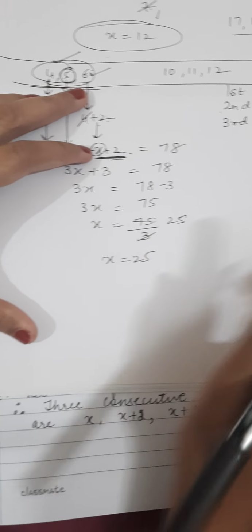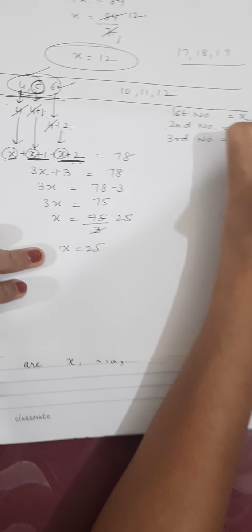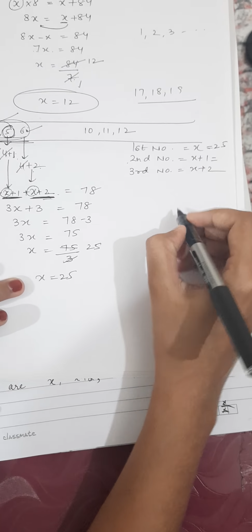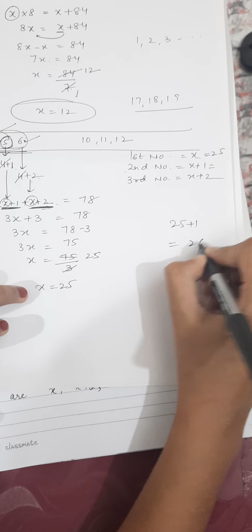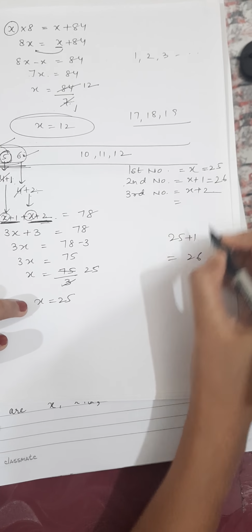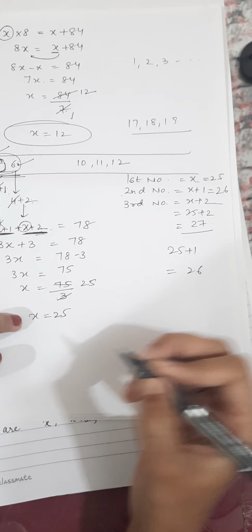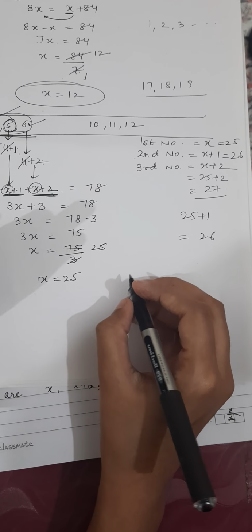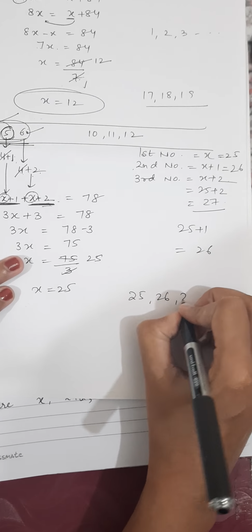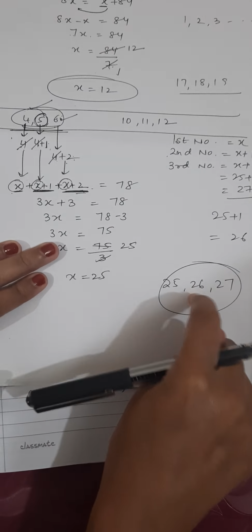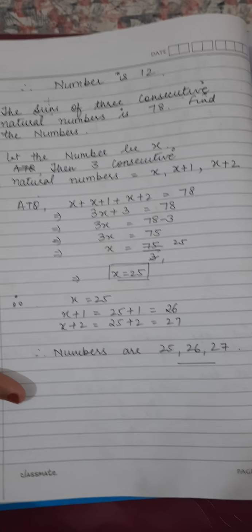So that means if my first number is 25, the next number will be 25 plus 1, which is 26. And the next is going to be 27, because 25 plus 2 is equal to 27. So the three consecutive natural numbers are 25, 26 and 27. This is our answer. Now let's look at the solution, how it has been done.